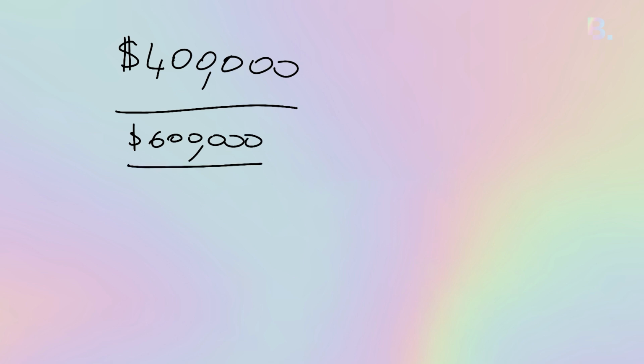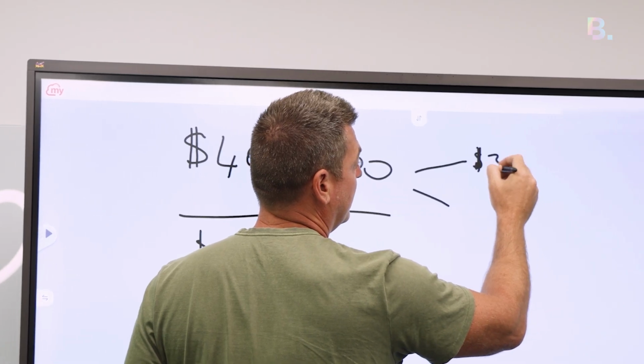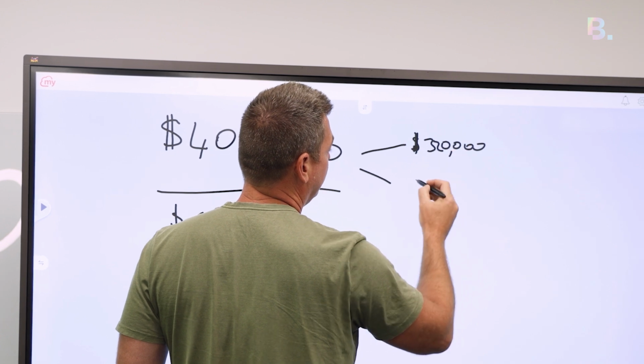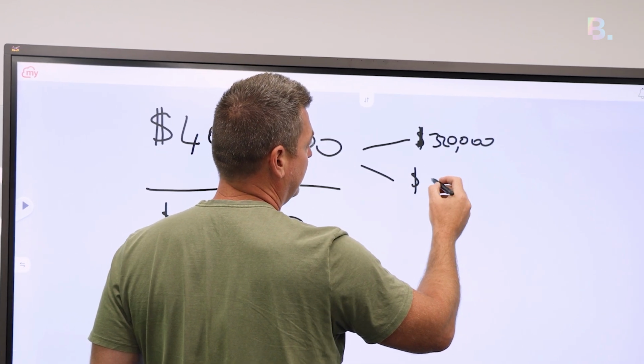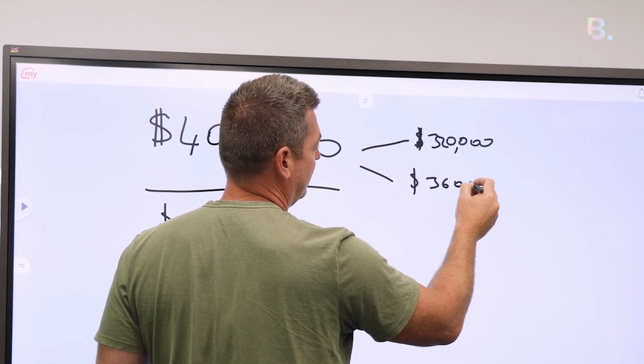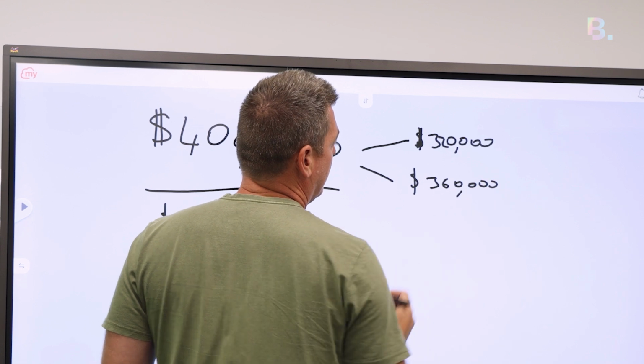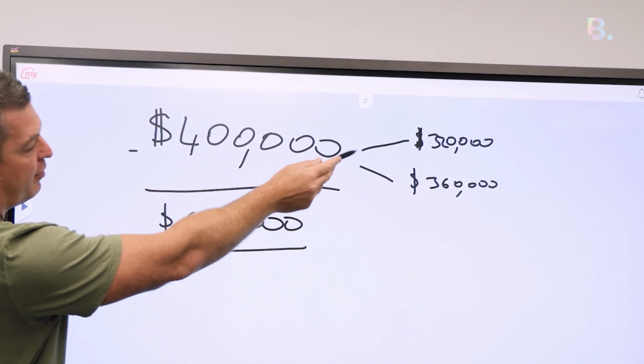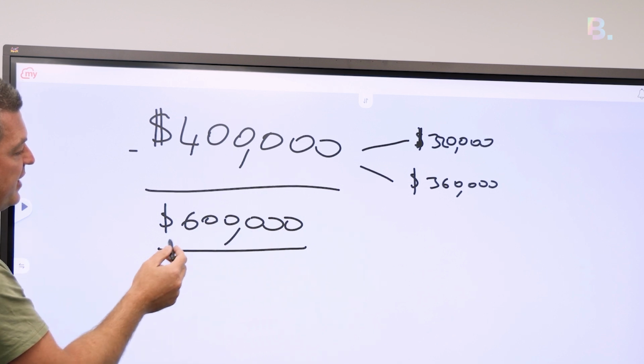When you bought that property for $400,000, you probably took out a loan at one of these amounts. Let's say you got an 80% loan, so a $320,000 loan, or you might have only put in 10% and got a $360,000 loan. Whichever way, you bought the property for 400, you owe 320 or 360, and it's now worth 600.